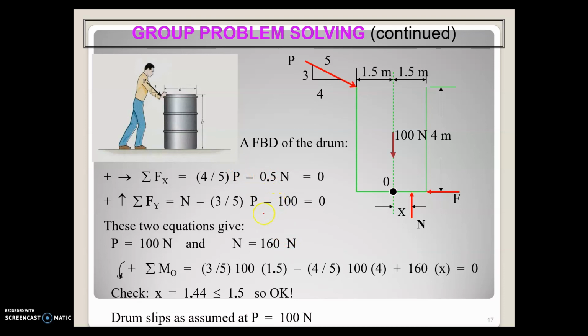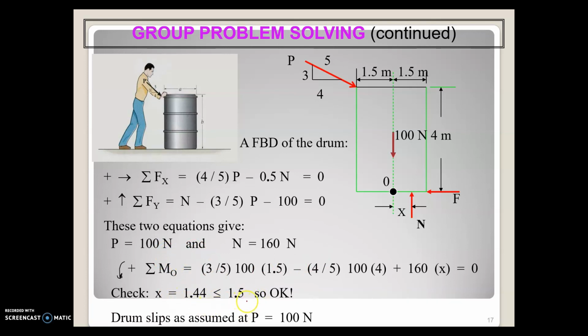Alright, okay, and then kita apply moment pada point O. Bila apply moment pada point O, kita akan dapat nilai X kat sini. Okay, bila moment pada point O, kita ada 3/5 100 kali 1.5. Okay, dapat nilai X ni, kita check sama ada X ni yang kita dapat 1.445 ni kurang atau lebih daripada 1.5.